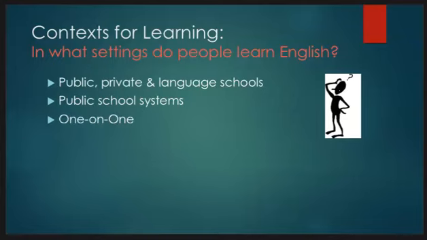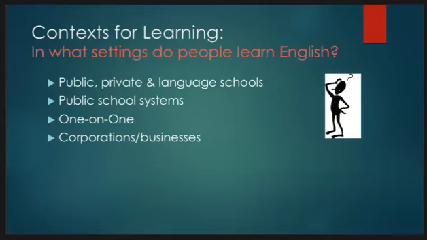One-on-one sometimes is a capacity in which people are learning English. Sometimes there are private tutors that they engage in one-on-one learning and teaching, and that can really provide some really personalized attention around the language goals and needs of an individual.